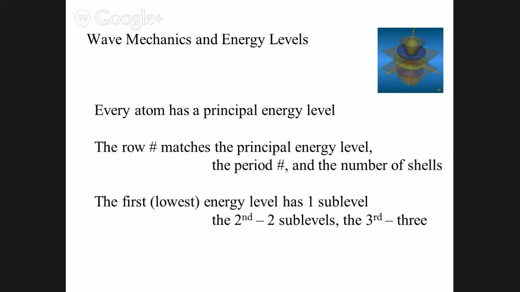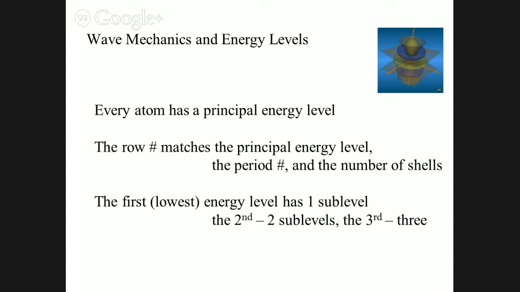If you're in row 2, it's period 2, you have a second principal energy level. You also have sublevels. The principal energy level is actually split into different sublevels. That means the electrons for that element may have energy that fits into one or the other sublevel.